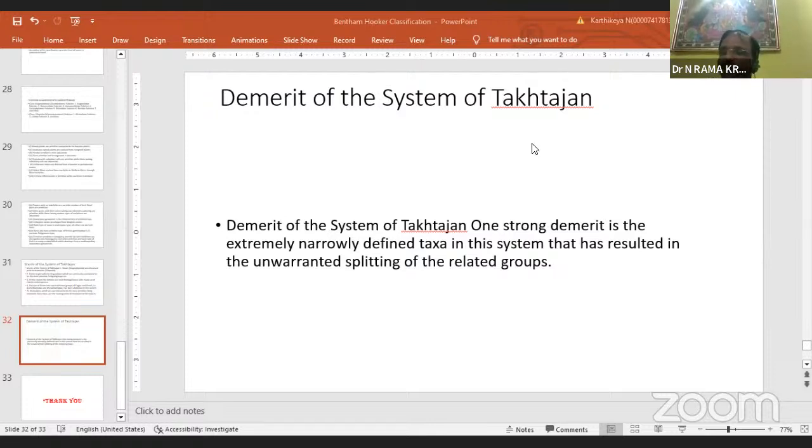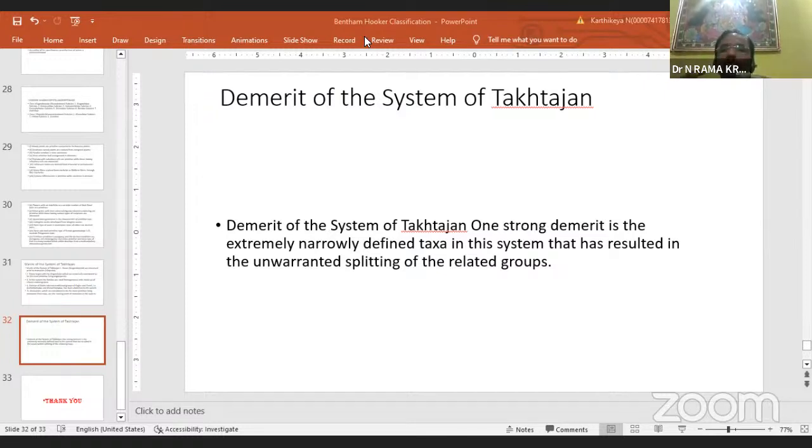Now we are going to one more important classification. We have completed the 3 systems: natural, artificial, and phylogenetic.